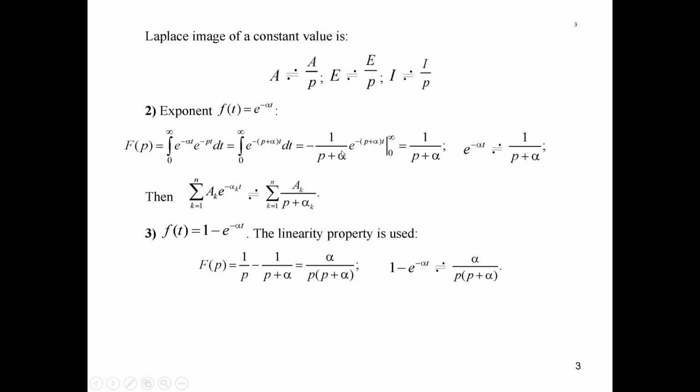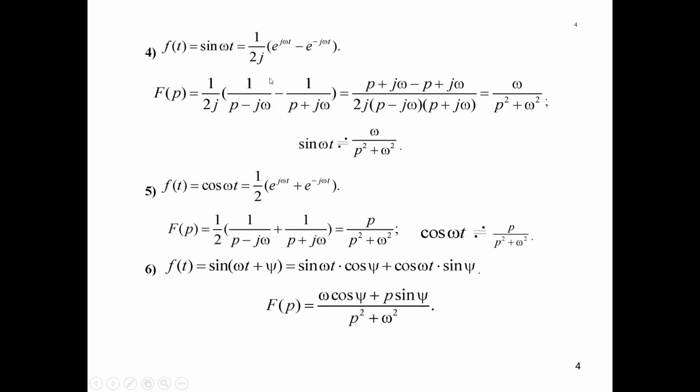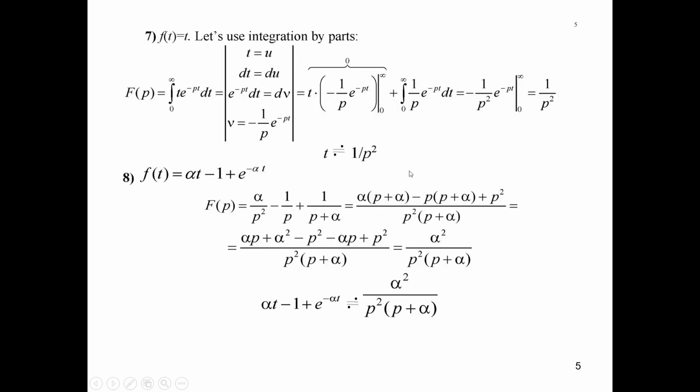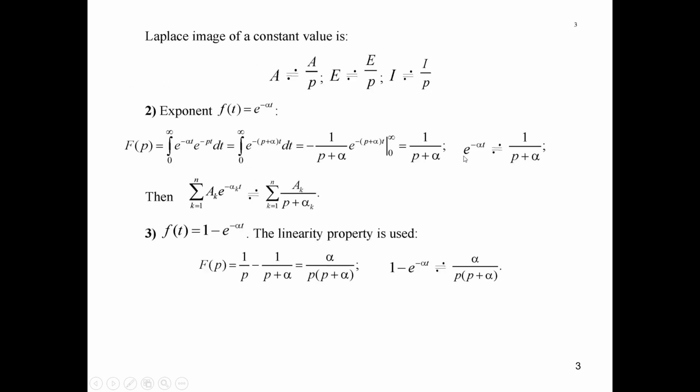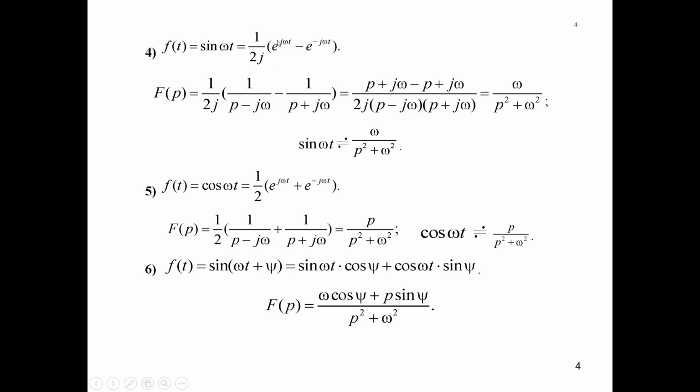So let's use this approach. Sorry, here it is minus, and we can write that it is minus j omega. So p plus alpha will be p minus j omega, okay?